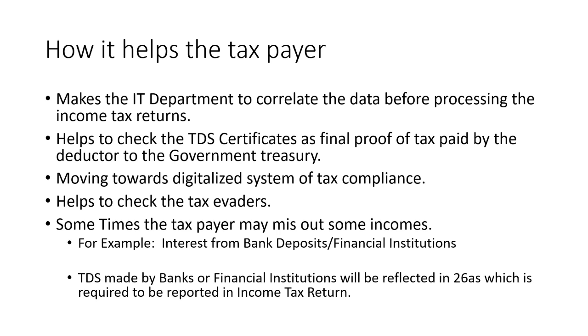Automatically, 26AS will show what interest has been paid by the banks and financial institutions, so that the same income is considered in order to file the income tax returns. TDS made by the banks or financial institutions will be reflected in 26AS, which is much required in order to file the income tax returns.